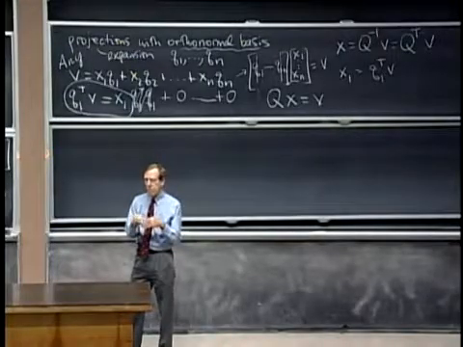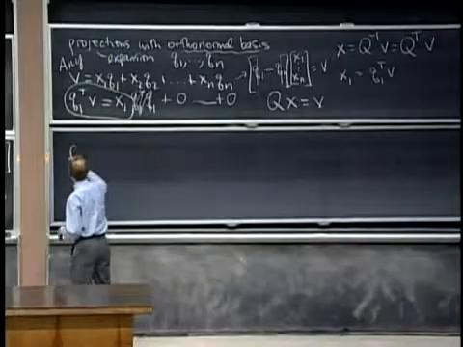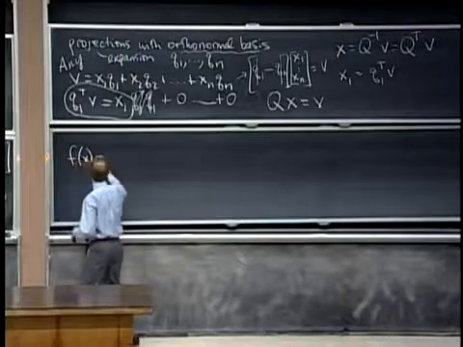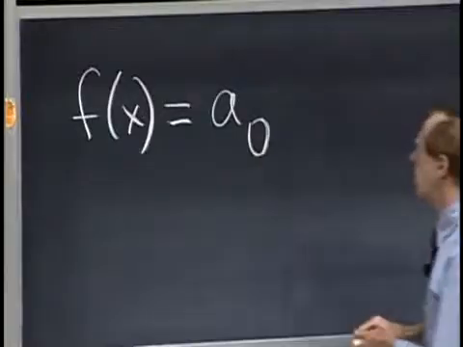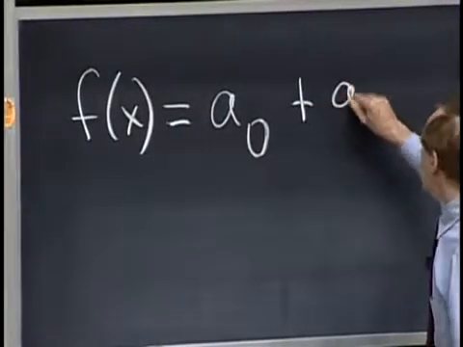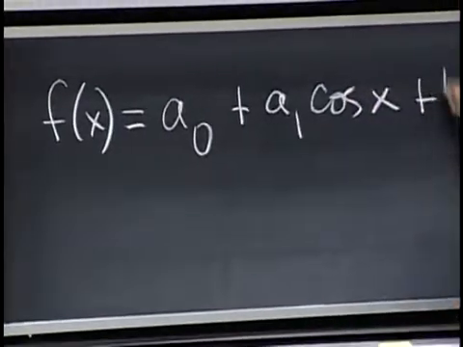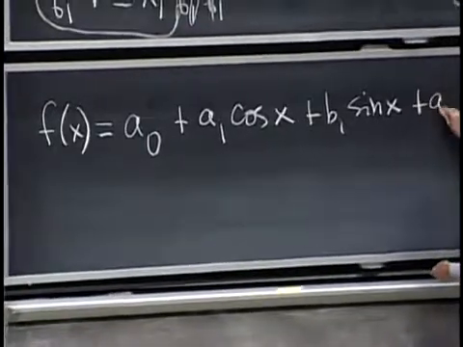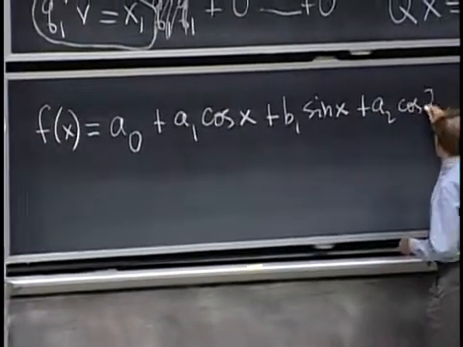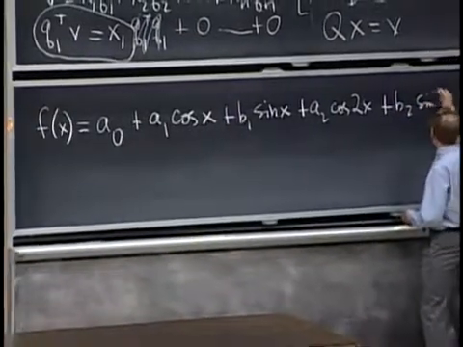Fourier series is, well, we've got functions. We've got a function f of x. And we want to write it as a combination of, maybe it has a constant term. And then it has some cosine x in it. And it has some sine x in it. And it has some cosine 2x in it. And some sine 2x, and forever.